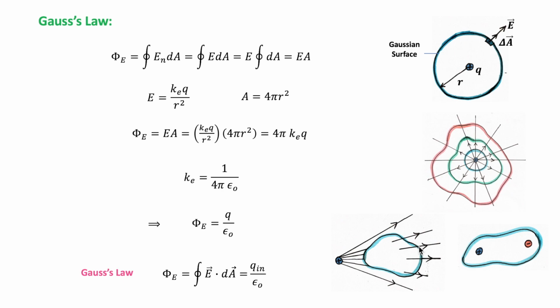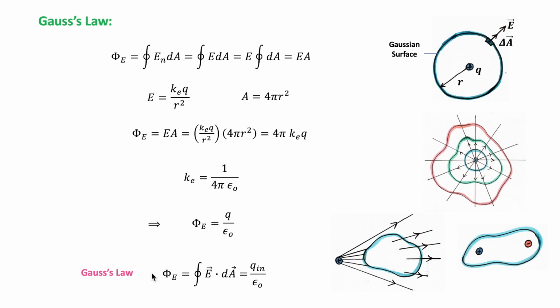And this is consistent with Gauss's law because the net charge inside this surface is zero. Q in is zero, so the flux is equal to zero, okay? And consider also this case, if we have two charges, then the net flux is equal to the net Q in over epsilon naught. So the net Q in here is Q1 plus Q2, over epsilon naught, okay?